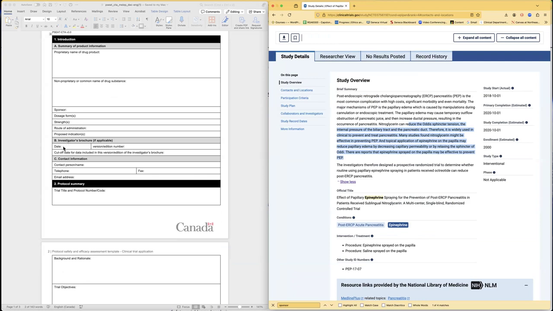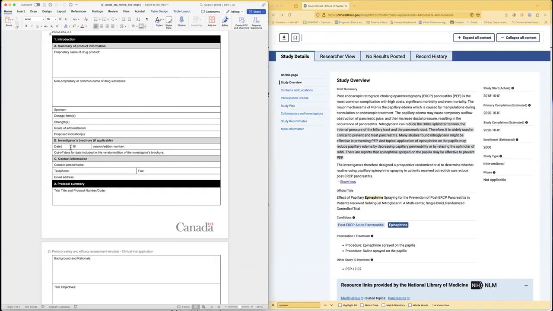Then for the investigator's brochure, if you have it, you are going to write this down. If you don't have it and this is an exercise, you can write a hypothetical date.